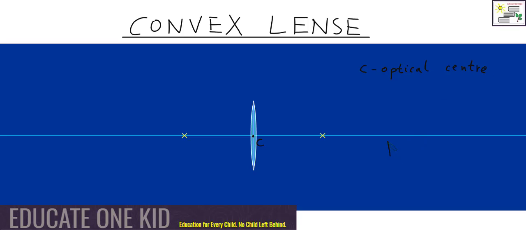Now, this straight line here that passes through the center of the lens, this is what's called the optical axis.